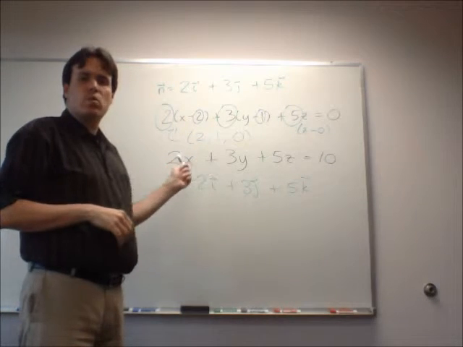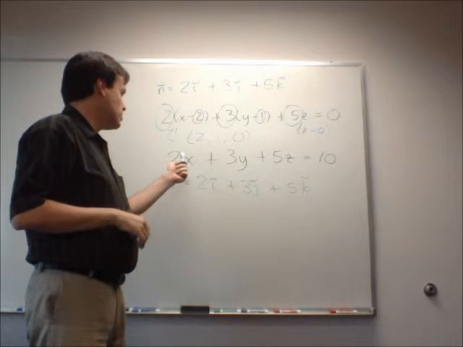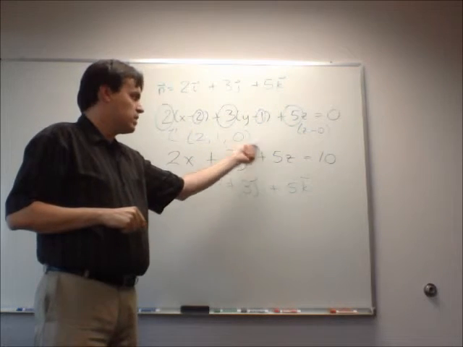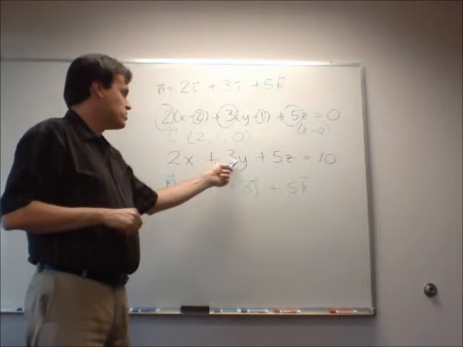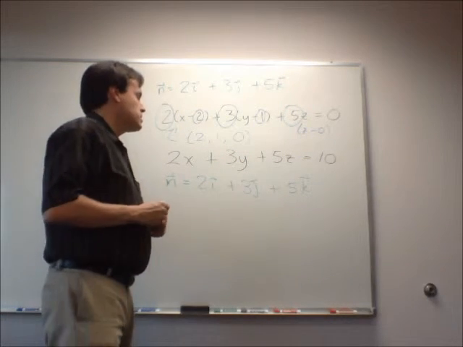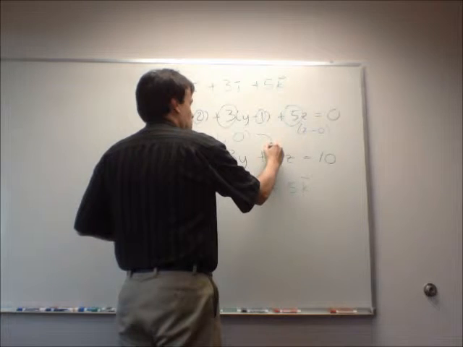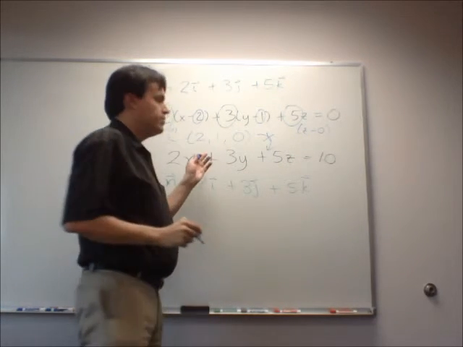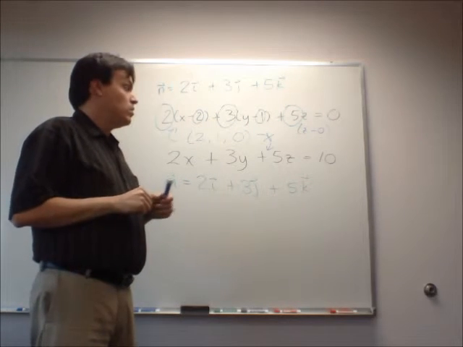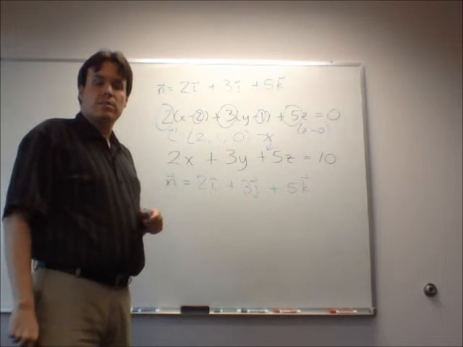If I substitute these coordinates into the second equation, I get 2 times 2 is 4, and then 3 times 1 is 3, and then 5 times 0 is 0. I get 2x + 3y + 5z equals 7, not 10. So this point here does not lie on this plane, which means that the two planes I have are parallel, but they contain completely separate points.